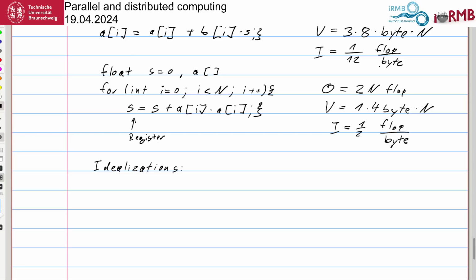So the idealizations that we do here are, for example, that the number of operations is known. This is a much bigger assumption than you may think. We also assume that all operations have the same expense, so that a multiplication is as expensive as an addition. This may still be true.